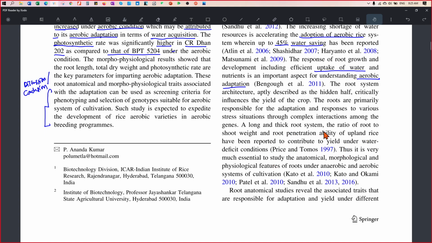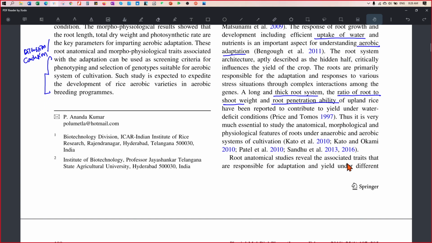So these things are important when it comes to how roots can adapt to various ecosystems: a thick root system, the ratio of root to shoot, and also the root penetration ability. These are the things that will determine whether the rice is going to be suitable to be grown in upland or not.